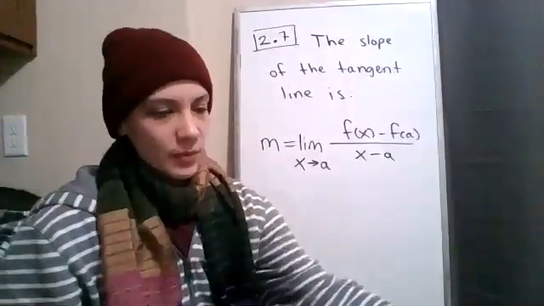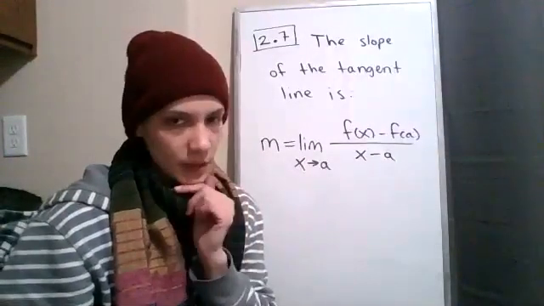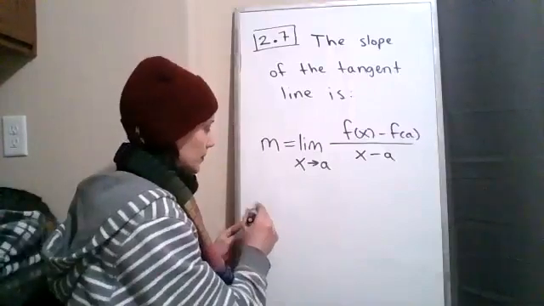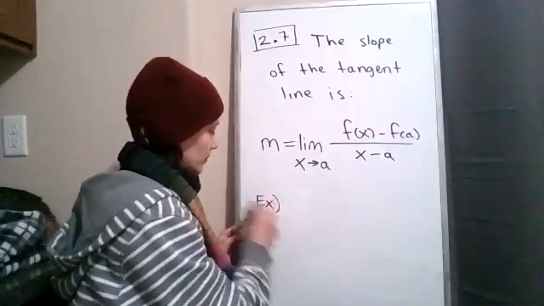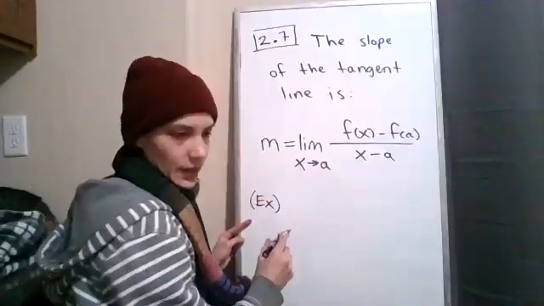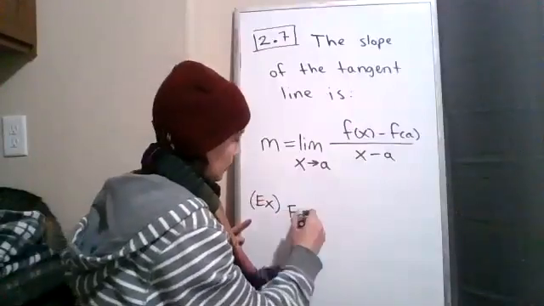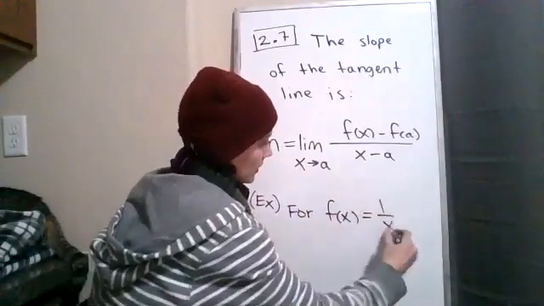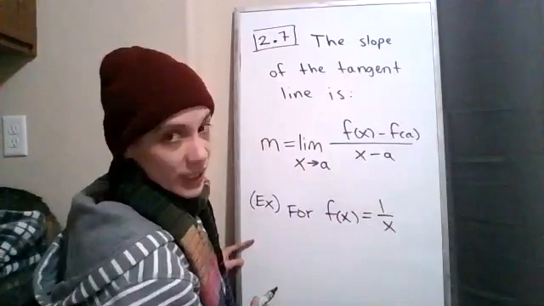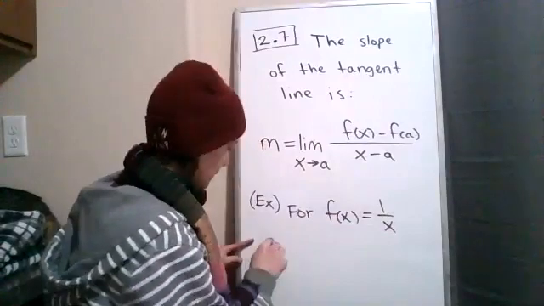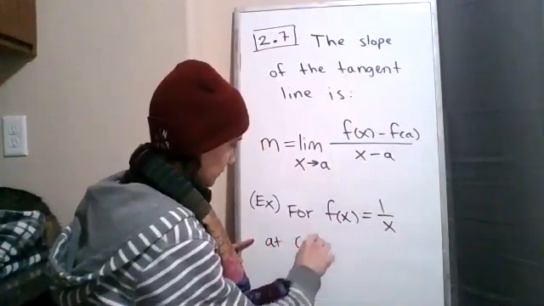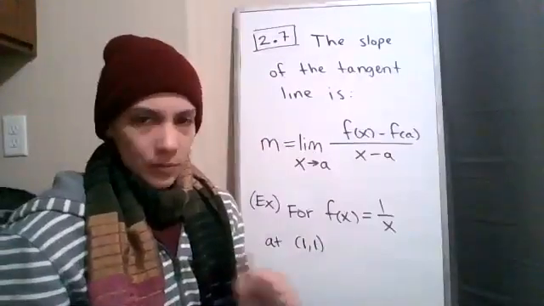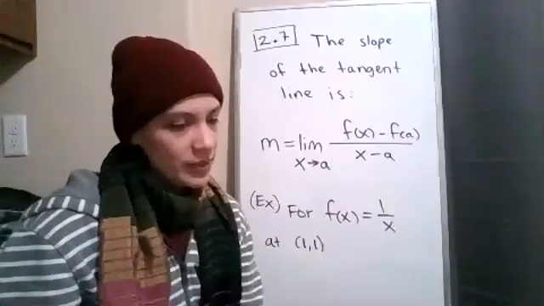We did an example, and then we're going to do a new example. For f of x equal to 1 over x at the point (1, 1). Part A, find the slope of the tangent line.